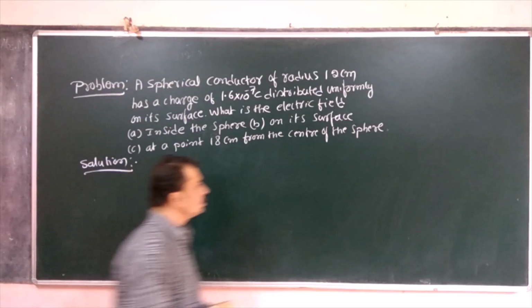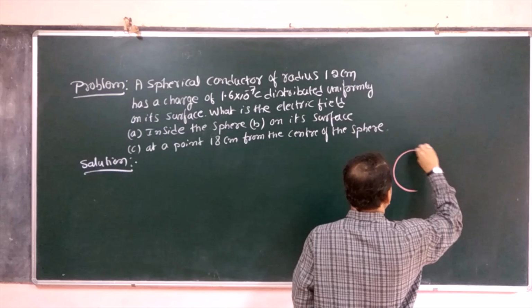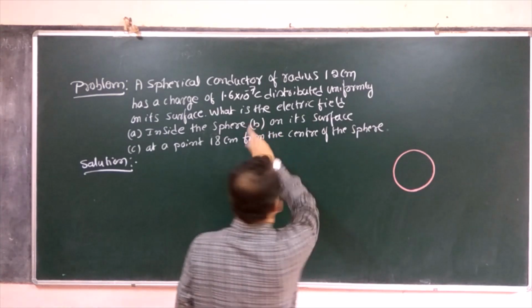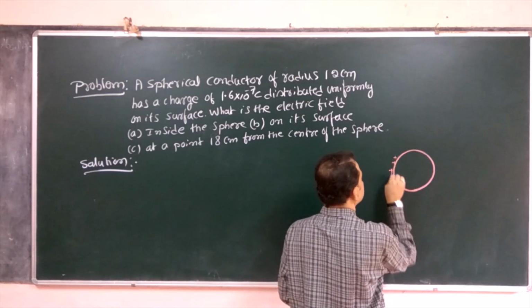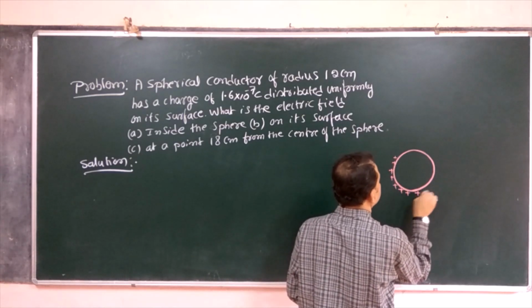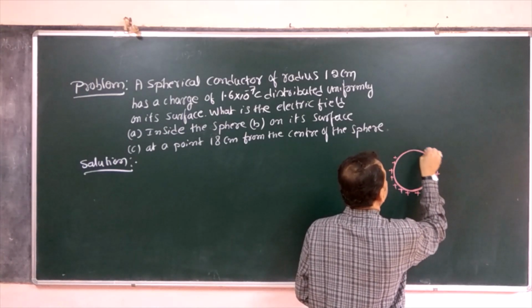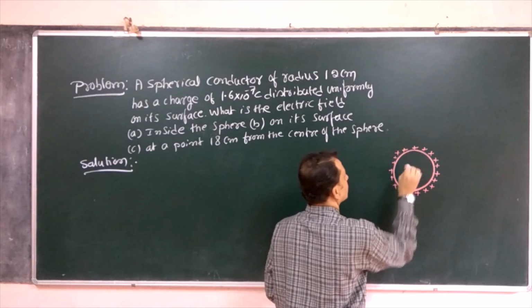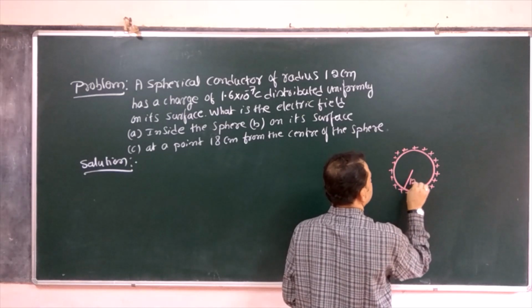Okay. Now we have a spherical sphere. Now this is a sphere. It has a positive charge 1.6 which is uniformly distributed on its surface. This is the sphere whose radius is given 12 centimeter.